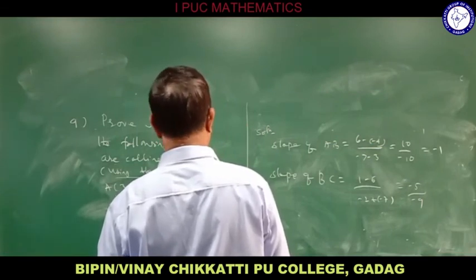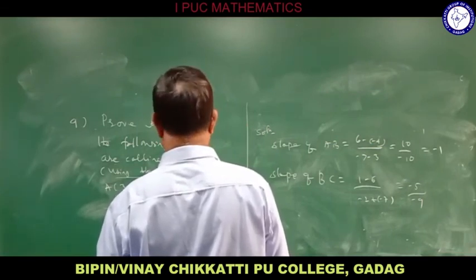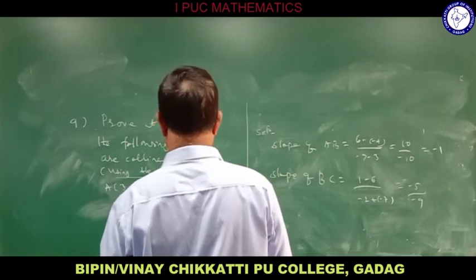For AB, 6 plus 4 is 10 and minus 7 minus 3 is also minus 10.